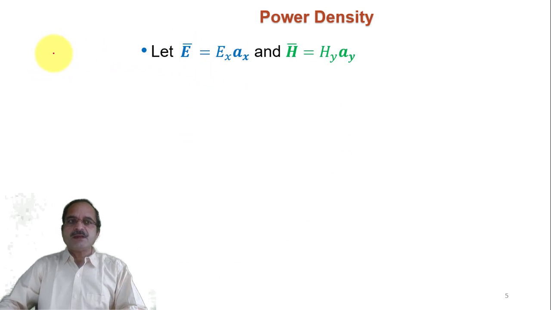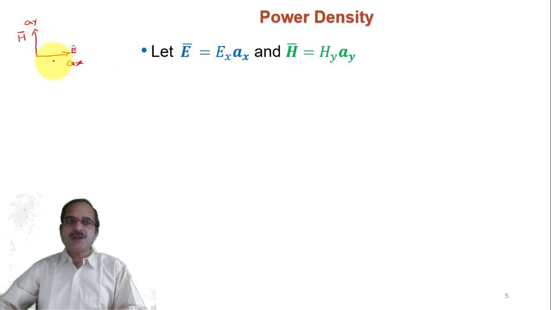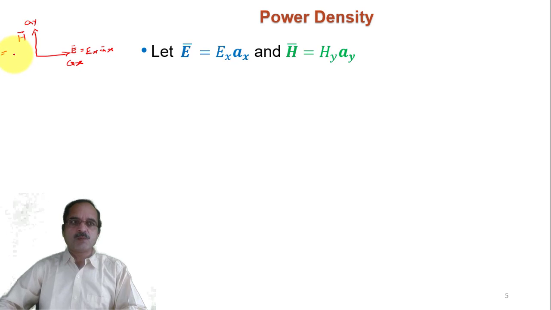Now as we have seen, if the electric field is oriented in x direction and the magnetic field H is oriented in y direction, this means the electric field has only x component, that is Ex Ax, whereas the magnetic field has only y component, that is Hy Ay.